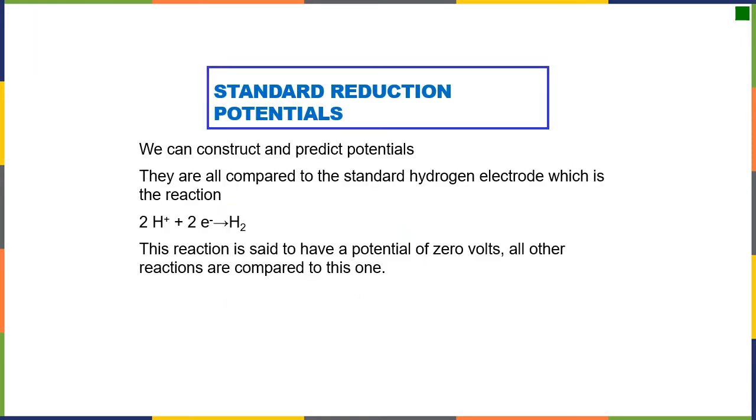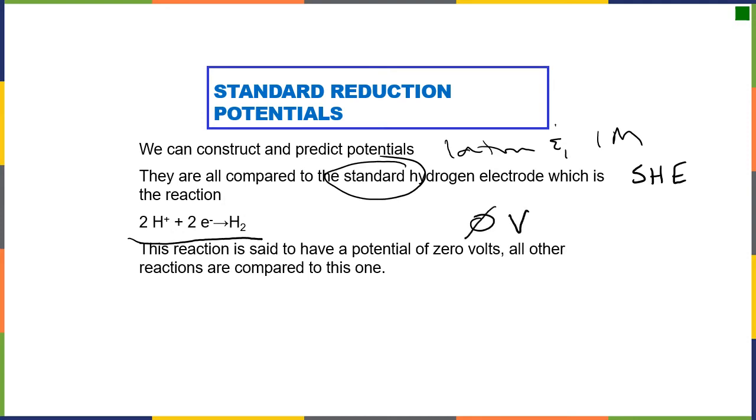We tabulate whether or not these reactions occur spontaneously compared to what we call the standard hydrogen electrode. Standard hydrogen electrode is shorthanded as the SHE, standard meaning 1 atm and 1 molar, meaning we have 1 molar H plus, 1 atm of H2, and this is defined to have a potential of 0 volts, and all other reactions are compared to this one.